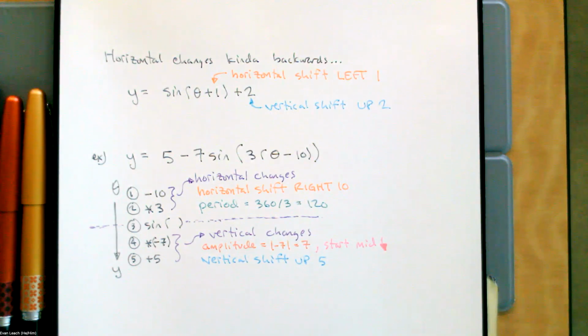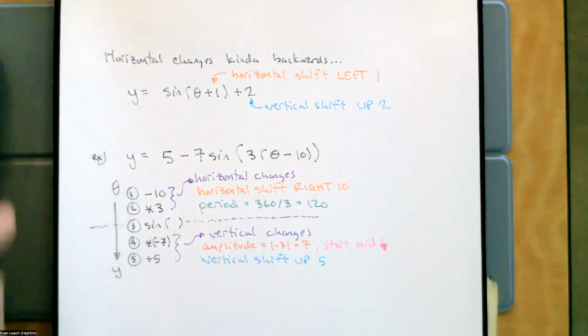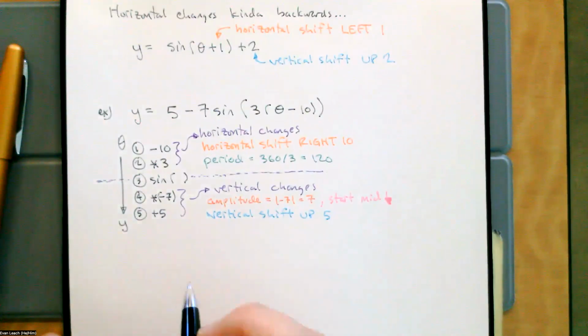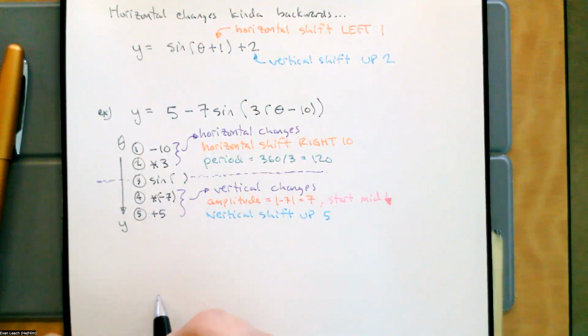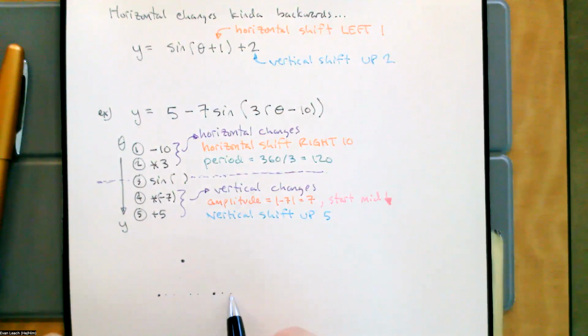Think about what this graph will do. Now, normally, if I'm going to draw this graph, I've got the start, and I'll go, let's see, 1, 2, 3, up, 1, 2, 3, back to the middle, 1, 2, 3, down to the bottom, 1, 2, 3, back to the middle.